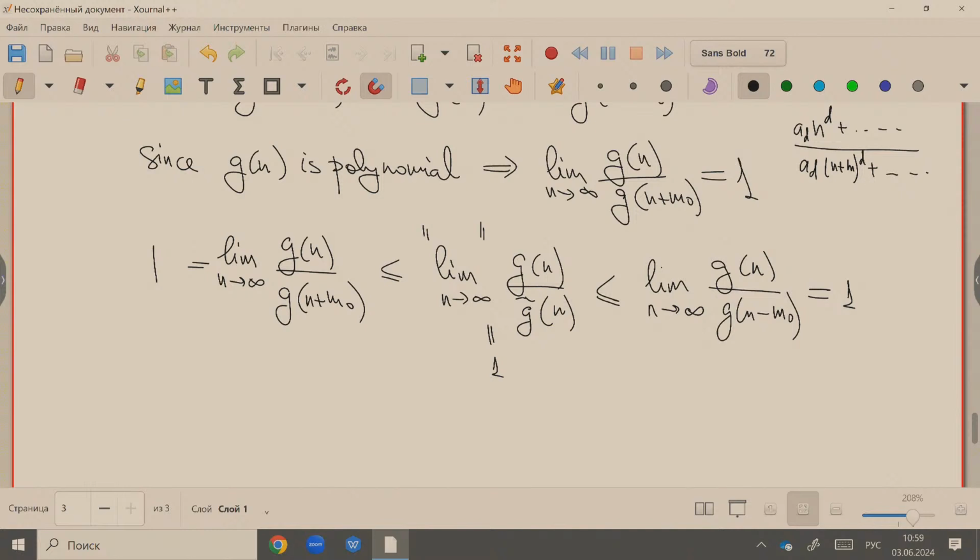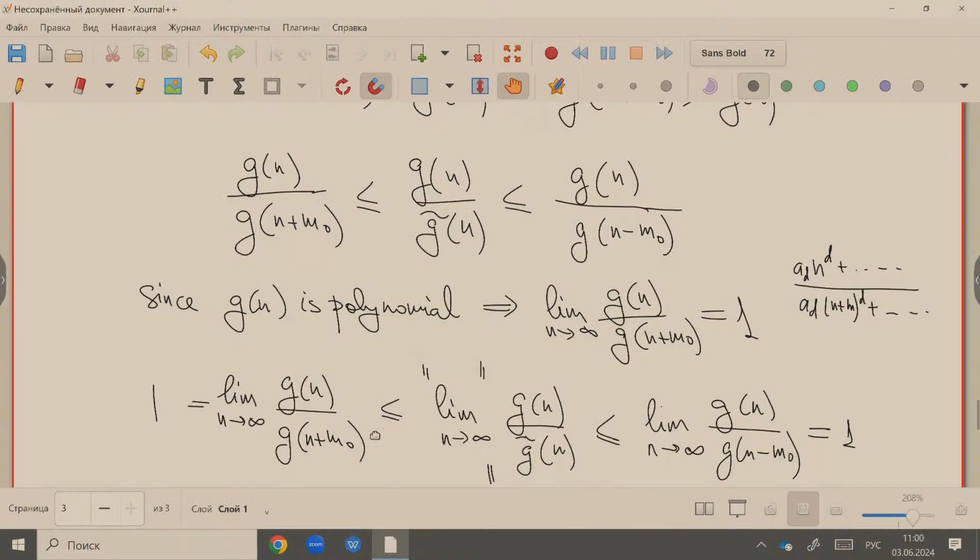Since these two limits exist, this limit is equal to 1. I put it in quotes just because we do not know a priori that it exists. So this proves that this doesn't depend on the choice of filtration.